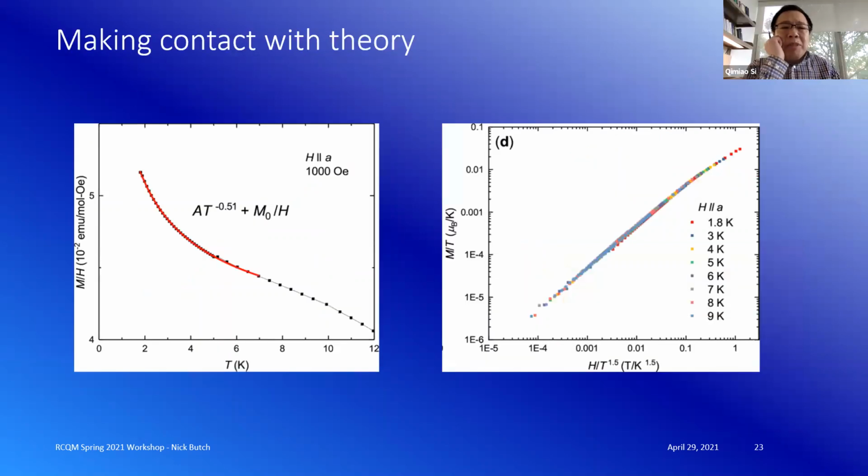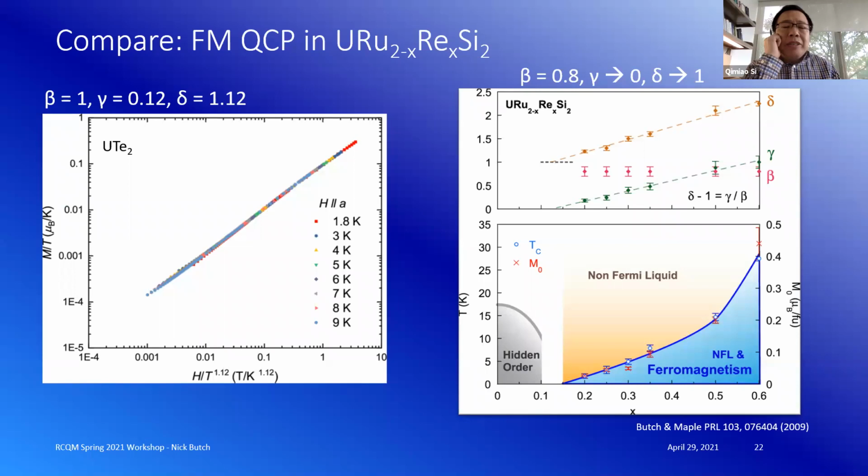Nick, can I interrupt you for a second? Of course. So I suppose there's no reason for those exponents to work because those were for thermally induced phase transitions, right? Yes, that's right. These exponents are determined for a thermal phase transition.